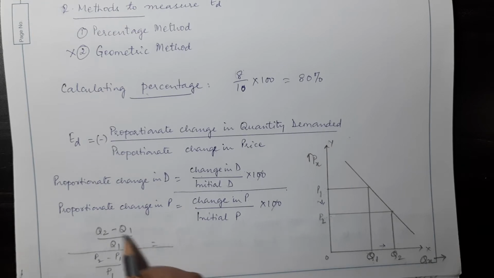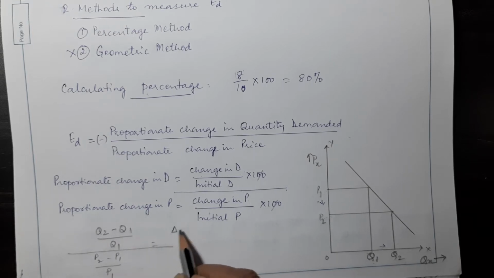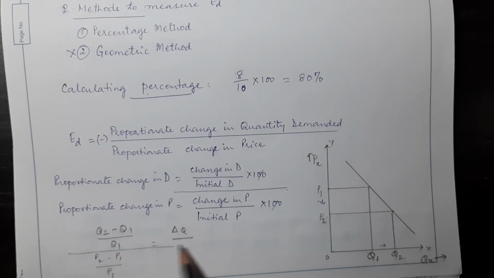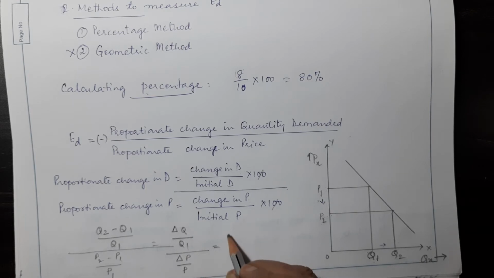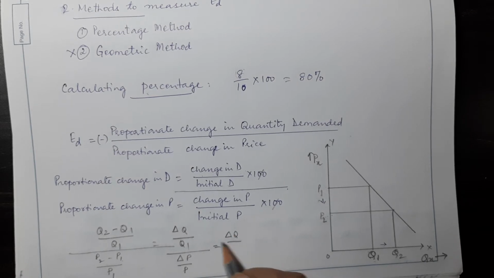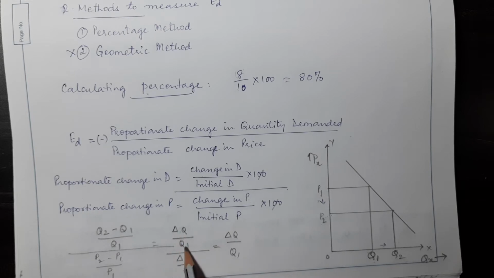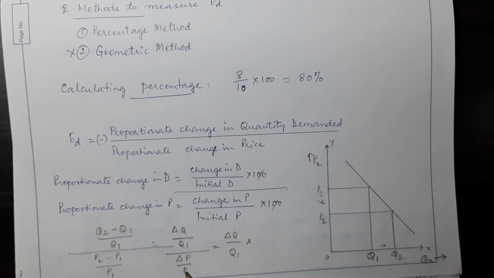So let's say this change in quantity is represented by delta Q by Q1, okay, divided by this P2 minus P1, this is change in price, let us represent it by delta P divided by P1, okay. So now since we cannot have a fraction in the numerator and the denominator, we rearrange it. So it becomes delta Q by Q1, this remains the same, into, now you have a reciprocal of it.